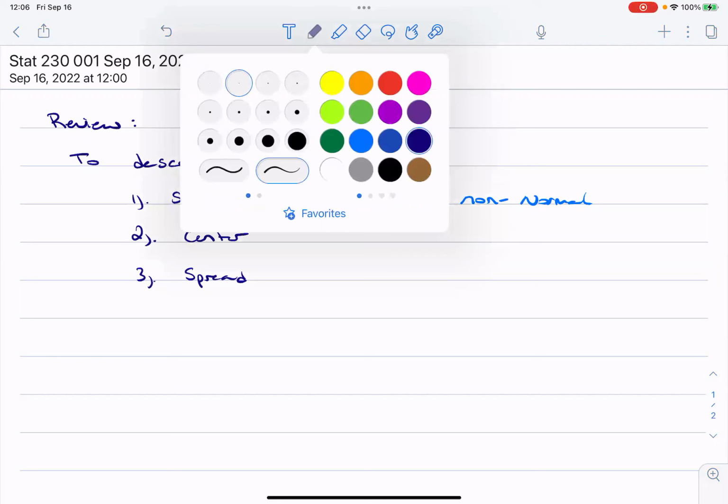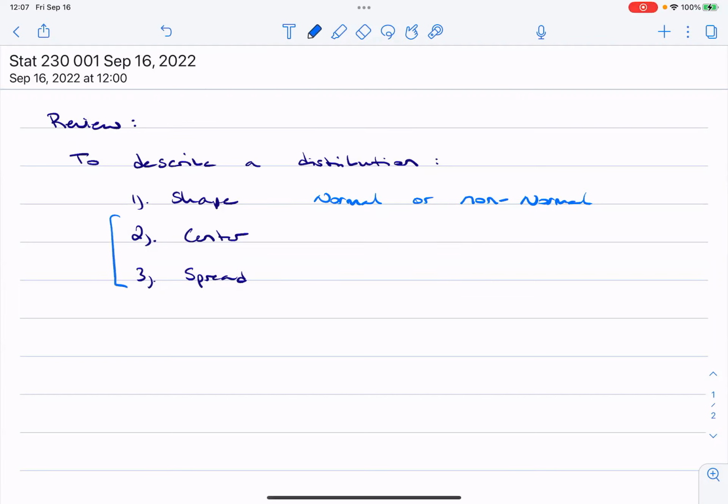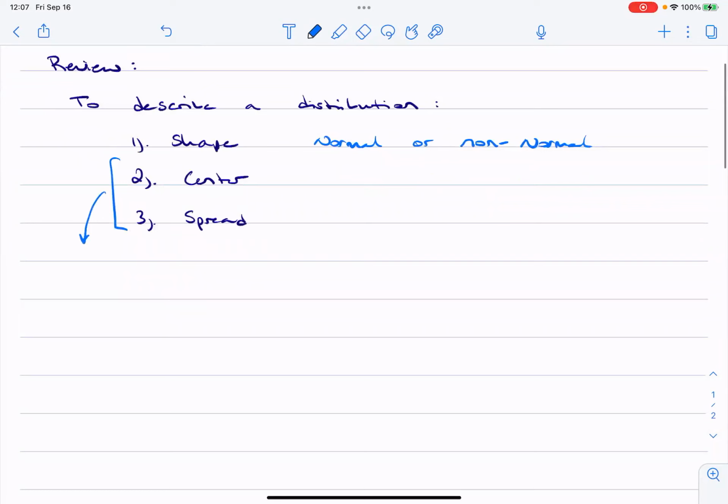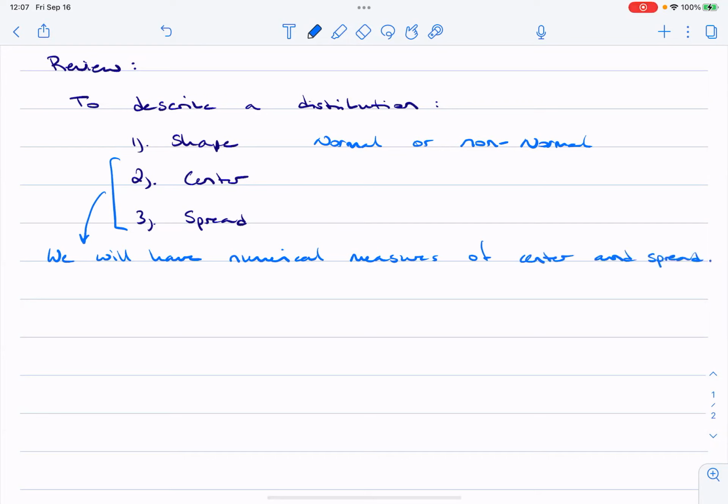But today we're going to have numerical measures of center and spread. So that's kind of where we got to last day. So I'll put a little end of review.